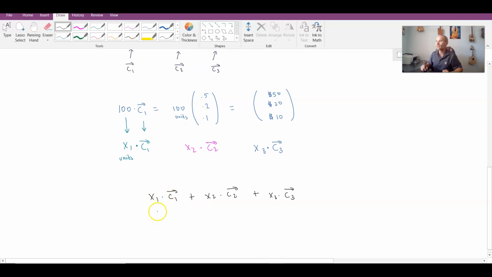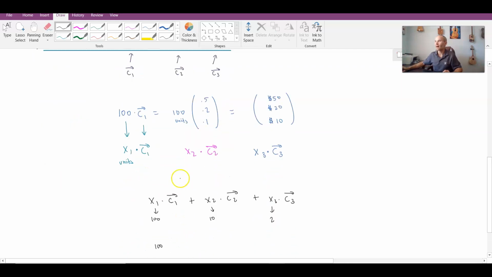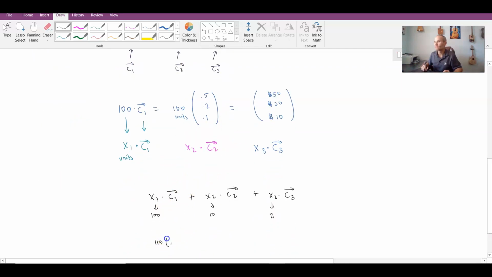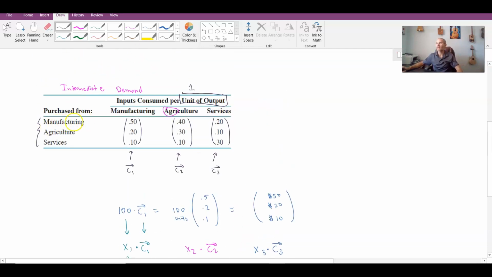Now let's think about what this would mean now that we put this all together. So if I just said that this was 100 and this was maybe 10 and this guy was maybe 2, then what that would tell me is that at least in my top row I would have 100 times 0.5 plus 10 times 0.4 plus 2 times 0.2. Well, remember what this row tells me, that this is how much is going to be required from manufacturing.